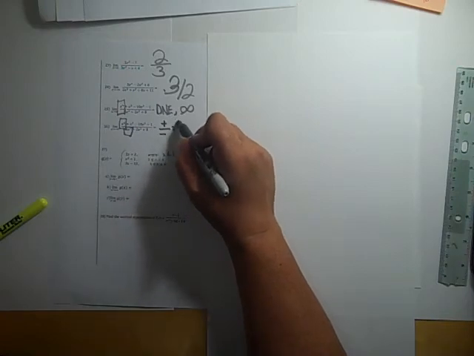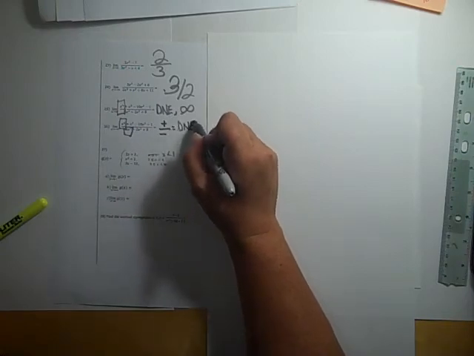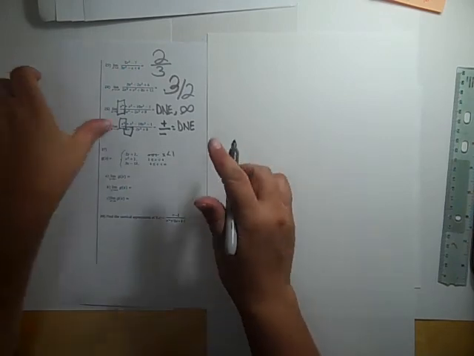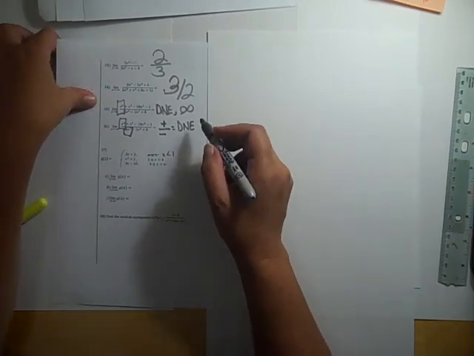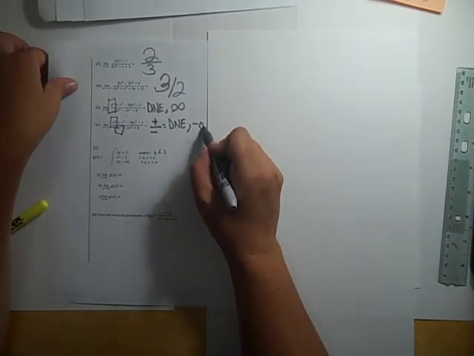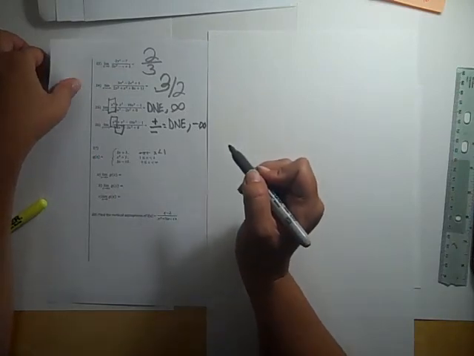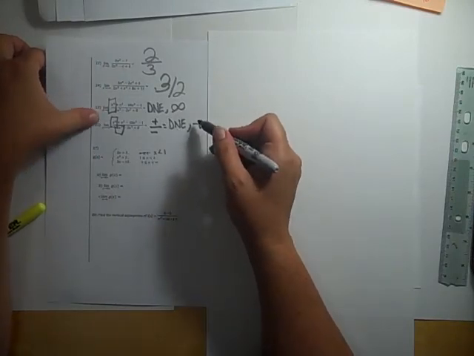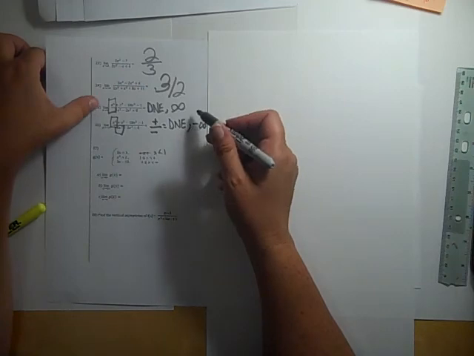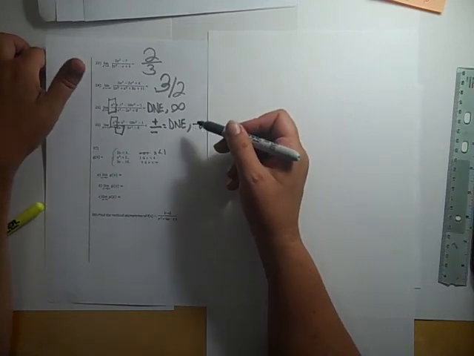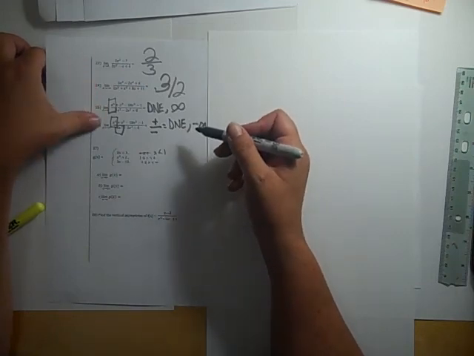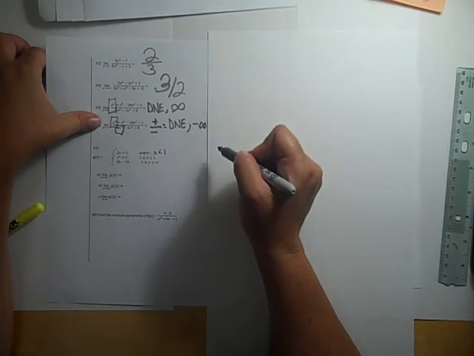So we're going to get does not exist, negative infinity. Okay, so these do not have horizontal asymptotes. When a function goes to infinity, there's no number, so therefore there's no horizontal asymptote.